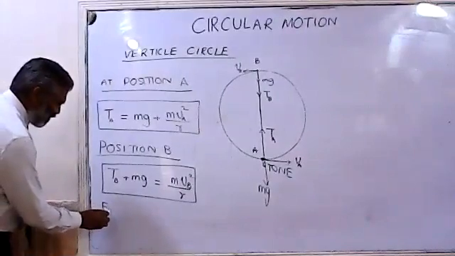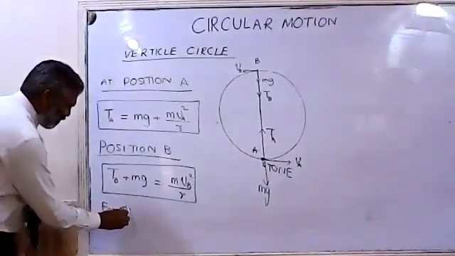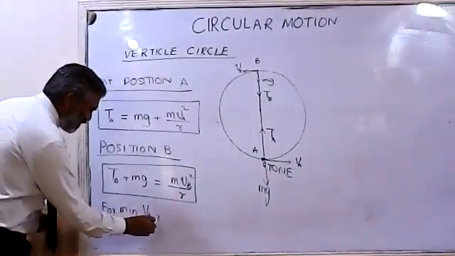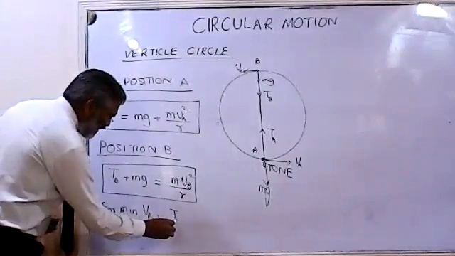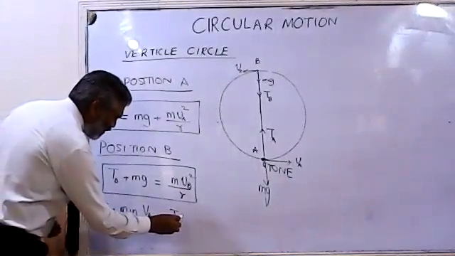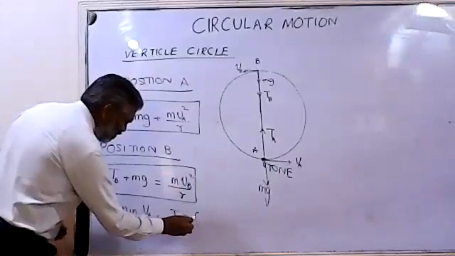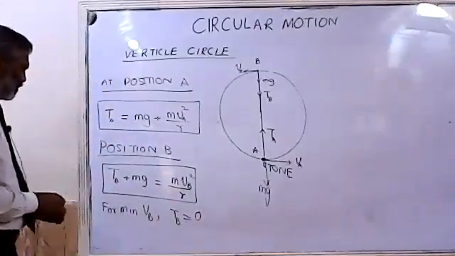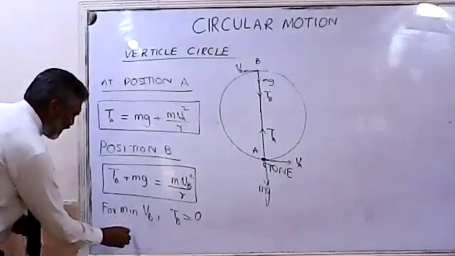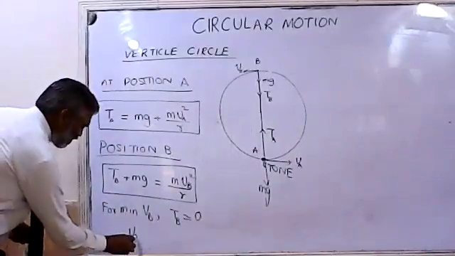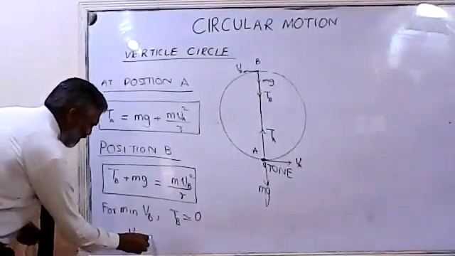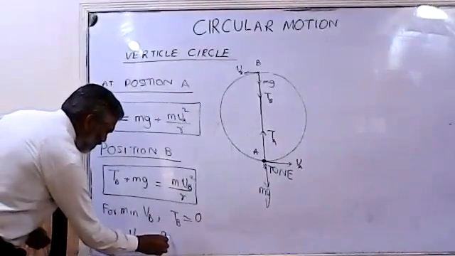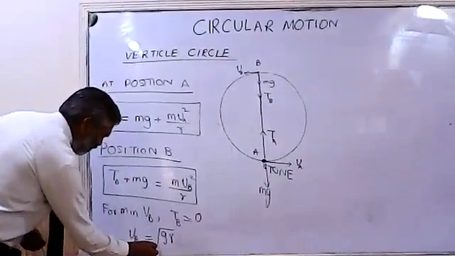That means for the minimum value of the speed VB, tension TB may be taken equal to 0. And when I take this 0, it is easy to see that this expression VB becomes equal to root of gR.